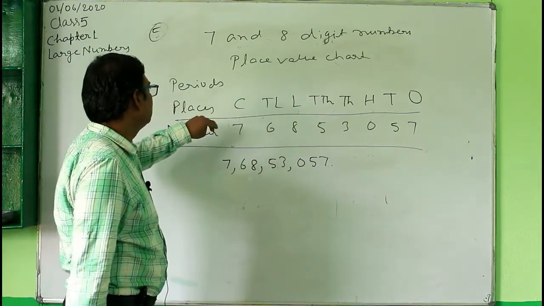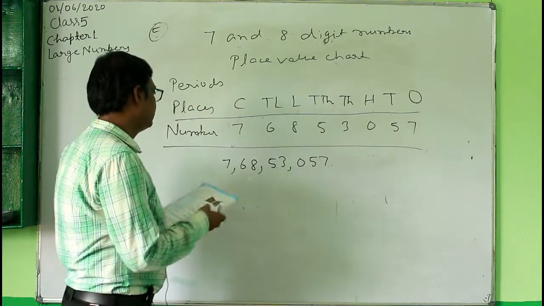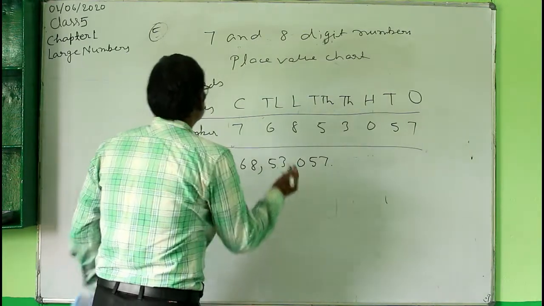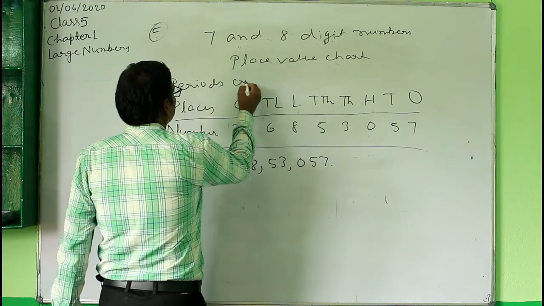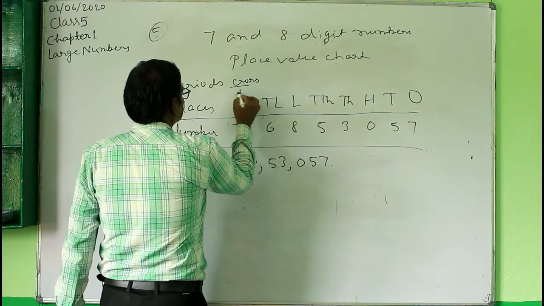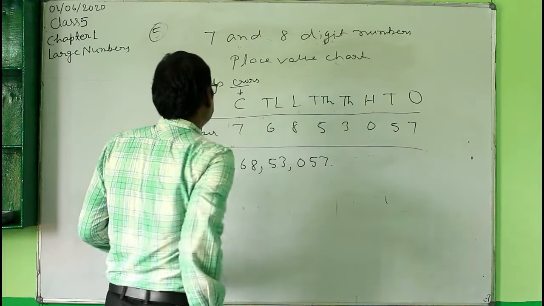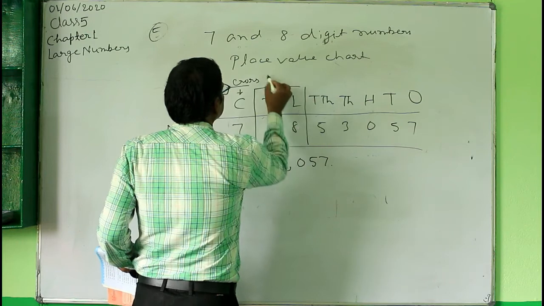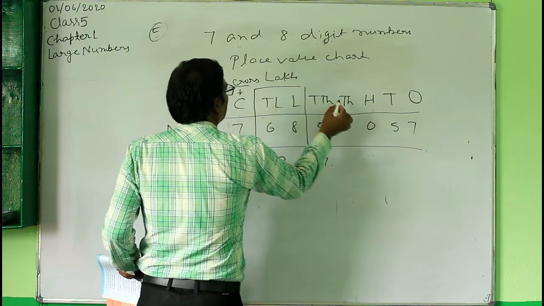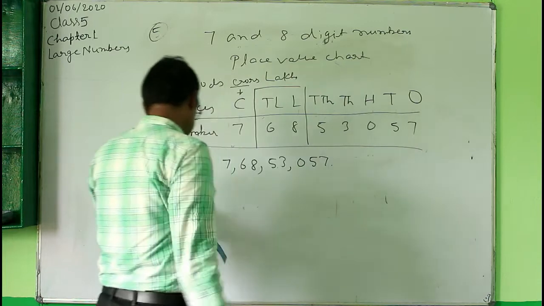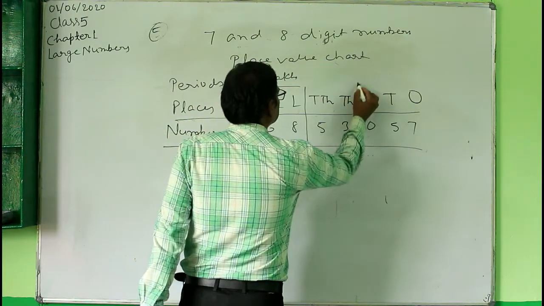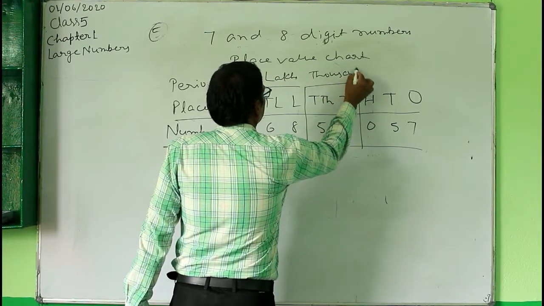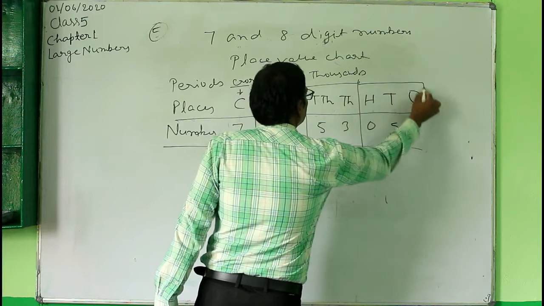This is important here: the places. There is also the period, but that is not of much importance. If you want to write the periods, this is the crores period, these two are the lakhs period, this is the thousands period, and this is called the ones period.